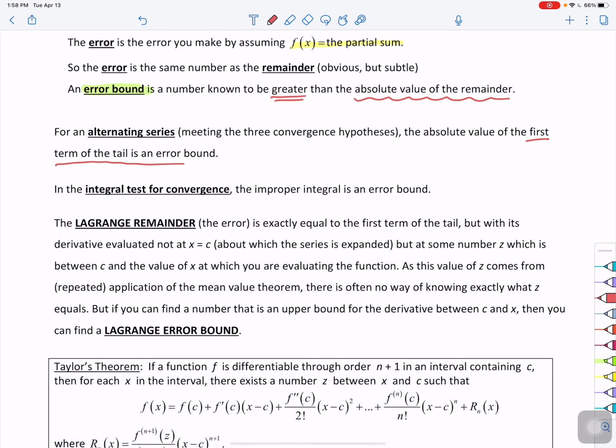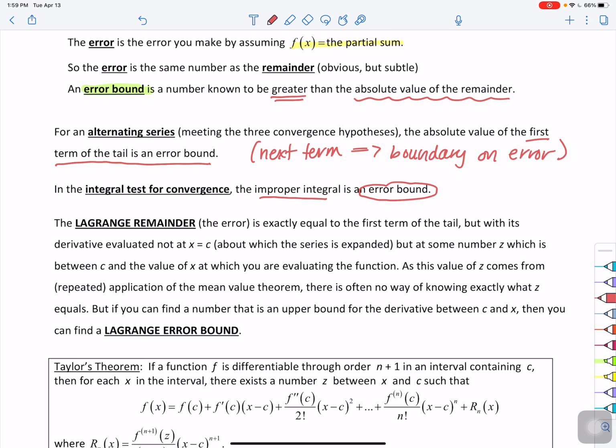And we did that. We took that next term and we said that was the boundary on our error. Then we got to the integral test for convergence, and that improper integral was our error bound.